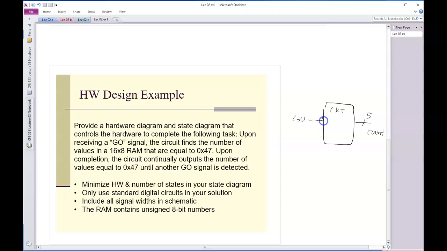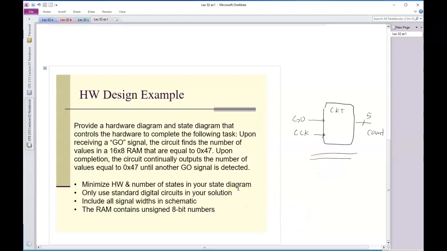Certainly it has a go signal and a clock, and other than that, I think I'm done with this high-level interface. This should always be the first step in any problem you do. Like I said, I forgot to do it in the last problem.